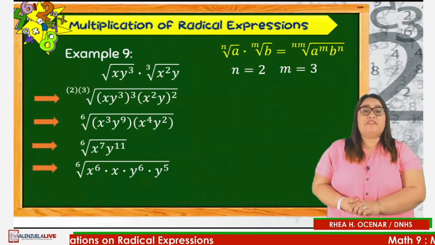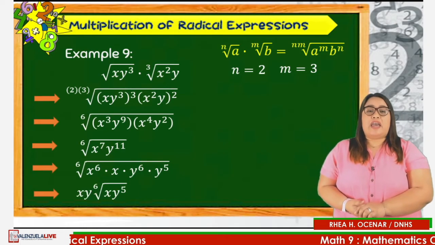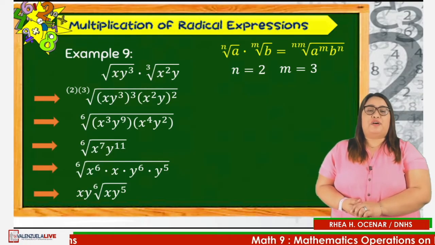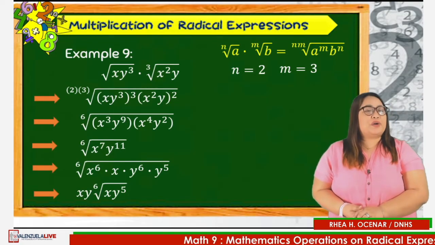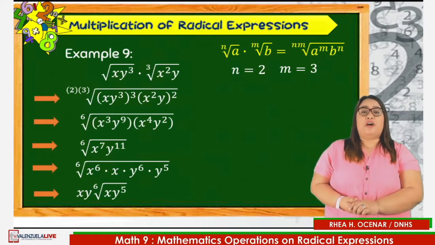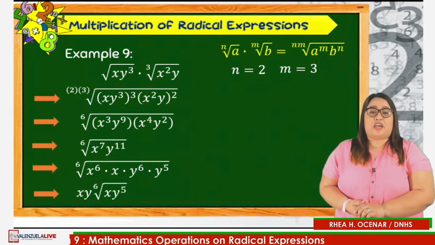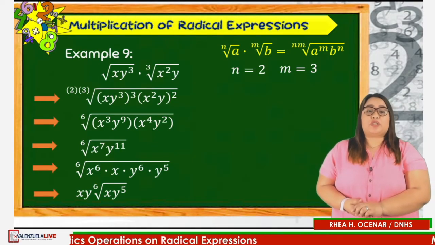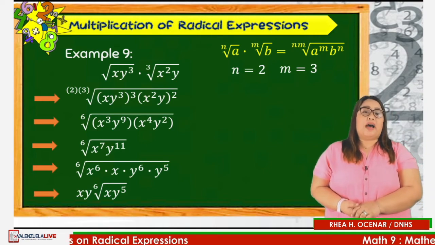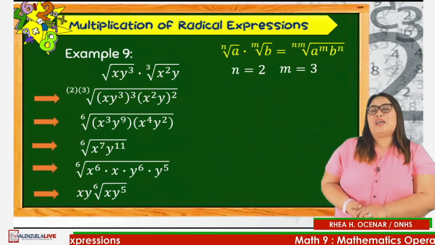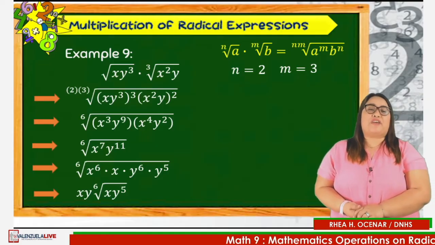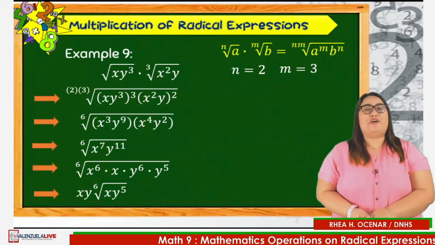Simplify, we have now x y 6th root of x y raised to 5. Therefore, square root of x y cubed times cube root of x squared y is equal to x y 6th root of x y raised to 5.